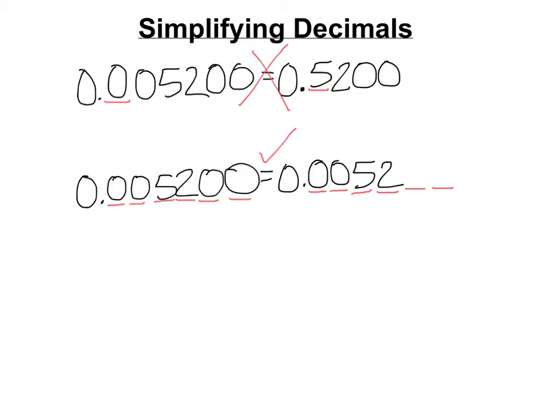As an application of this concept, let's consider the problem 0.8 times 0.5. Well, to multiply decimals, we multiply as if they were whole numbers. So 8 times 5 would be 40. But then we have to count up how many decimal places they have. So this is 1. This is another 1 for a grand total of 2.